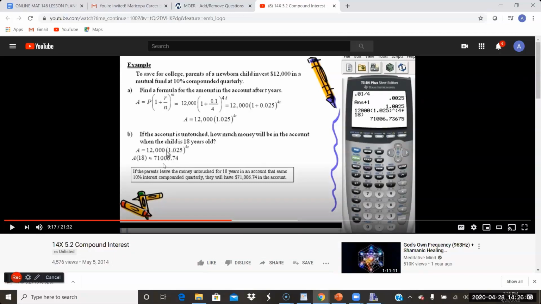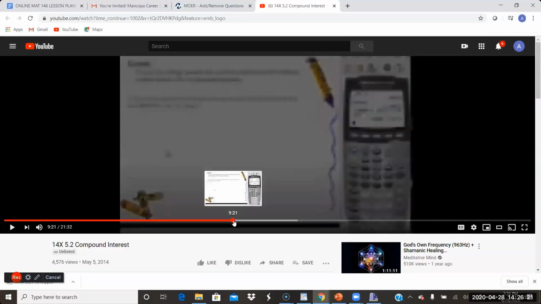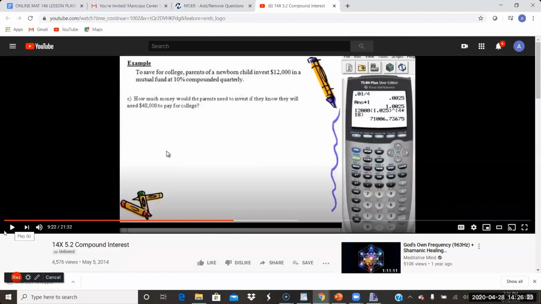And then from there, he's going to ask a question of the reverse. What if you want to save up for a certain amount of money? How much would you have to invest in the first place? So I'll have him go through that. To save for college, parents invest $12,000 in a mutual fund at 10% compounded quarterly. Well, we covered that. But what if we wanted to make sure we had $48,000 for college? So how much would you need to invest?